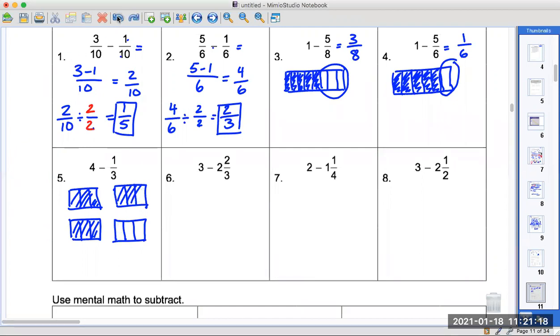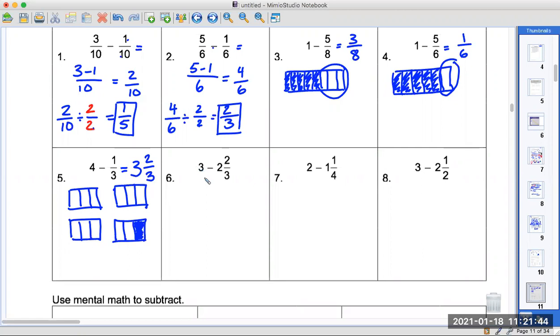Sorry, guys. I don't need to shade that. I'm going to just take away 1/3. This is what I want to do. So you started out with 4 whole ones, you took away 1/3. So what do we have left? 1, 2, 3, and 2/3.